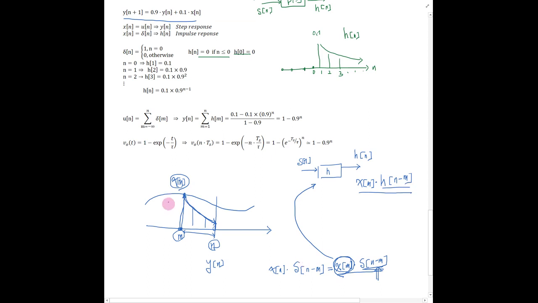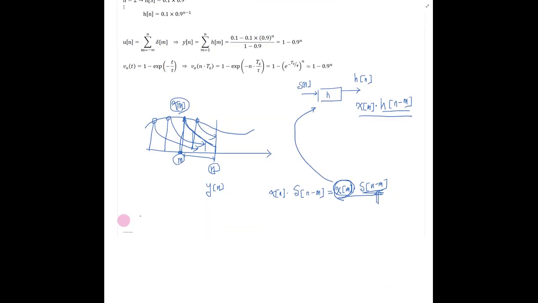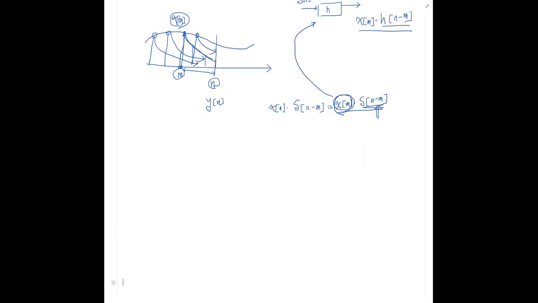But there are a lot of different inputs that exist here. So we need to sum up all the effects. So we can write down the output sequence this way.